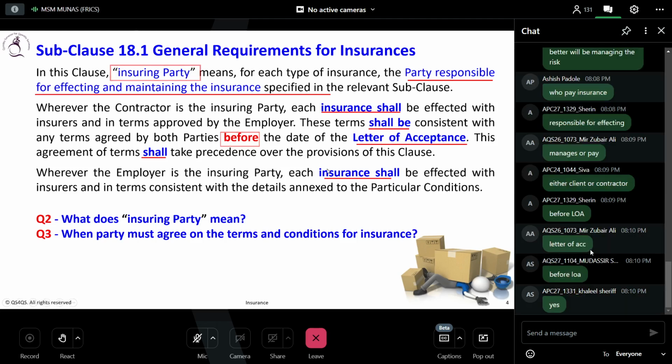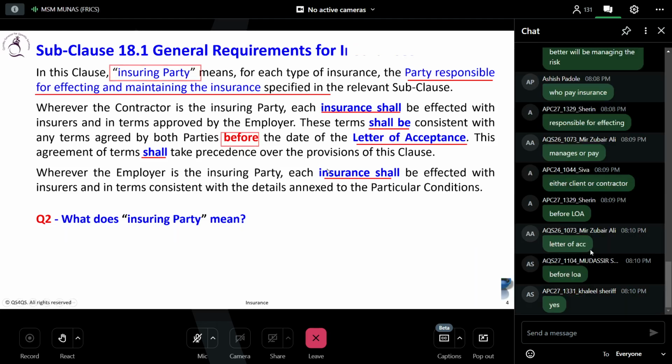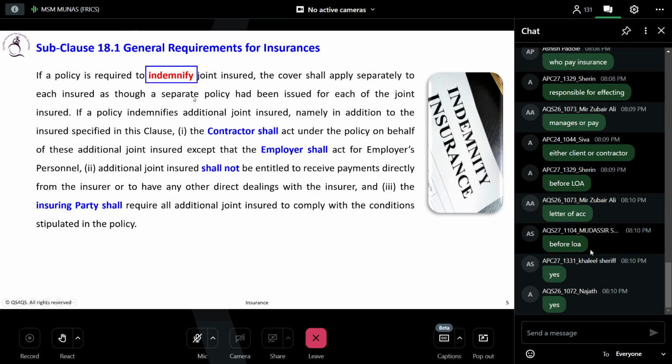Okay, good. Now 18.1. If a policy is required to indemnify a joint insured, the cover applies separately to each insured as though a separate policy had been issued for each of the joint insured.